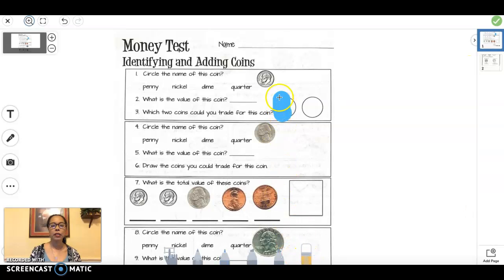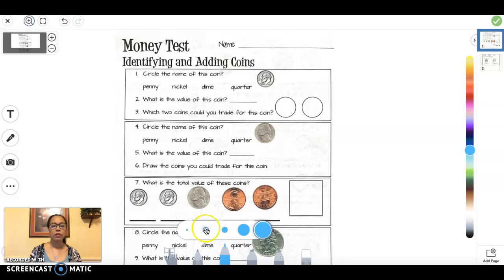Let me change that. Let's try that again. Let's go here. If you think that this is a penny, and you think that 2 pennies is the same as having the value of this coin, then you'll label these coins. We need you to label them with what you think the coin is.